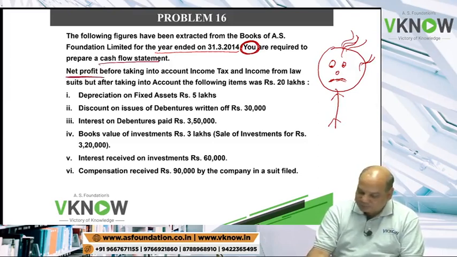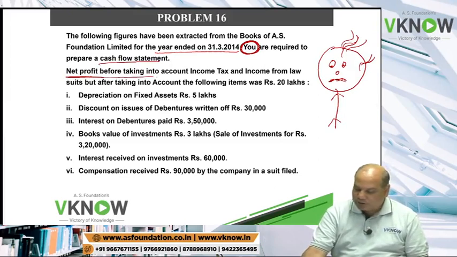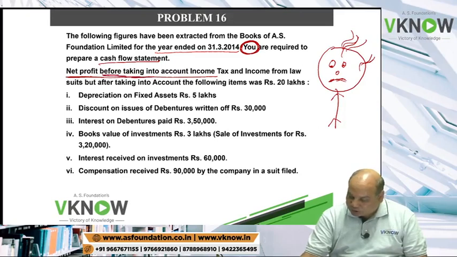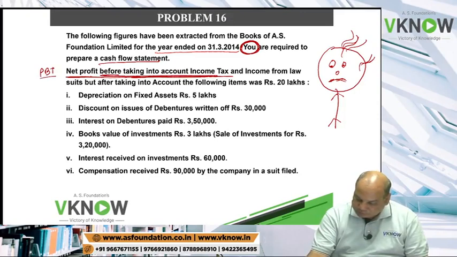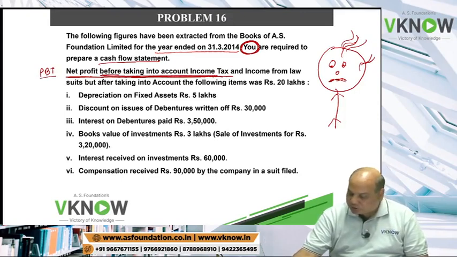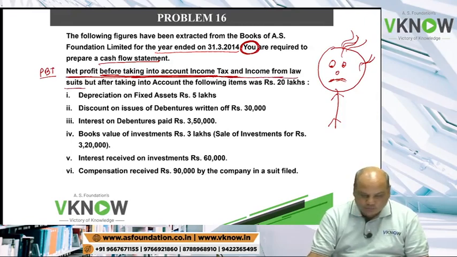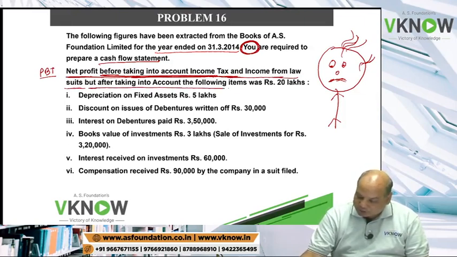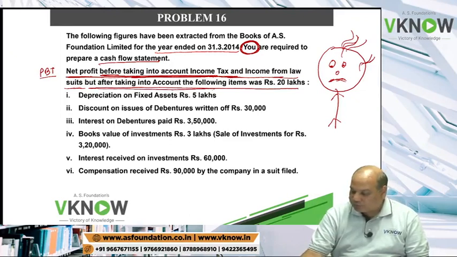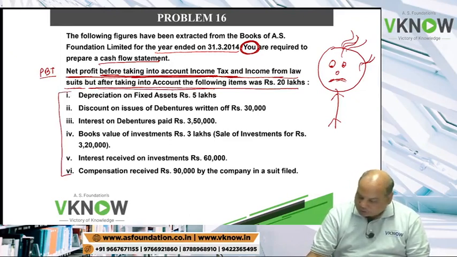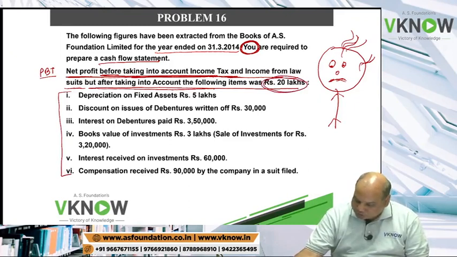Net profit before taking into account income tax. So this is PBT given to you, before taking into account income tax and income from lawsuits, but after taking into account the following items, was rupees 20 lakh.